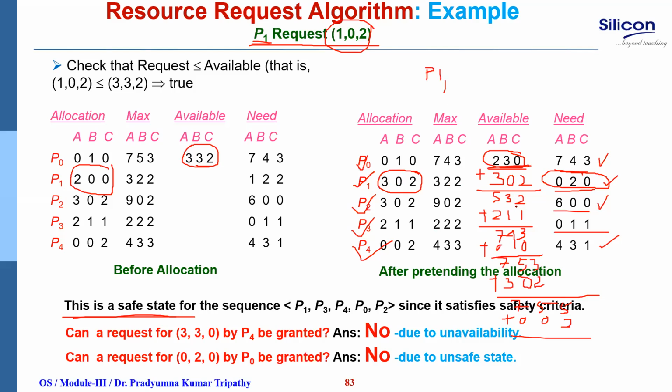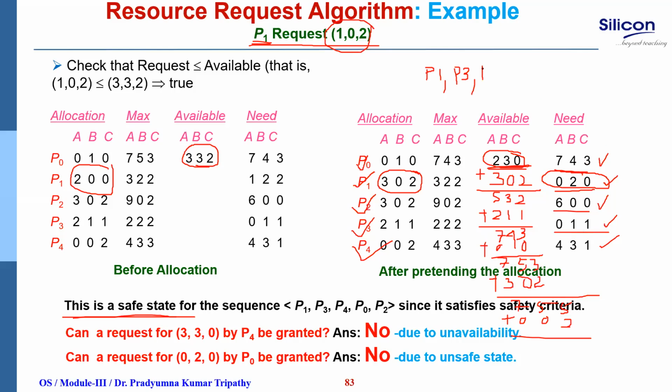So we got the first process as P1. With this 532, whom can I satisfy? I can give it to P3. If P3 is given it, its allocation 211 will be added, so it becomes 743. So we have allocated to P3. With this 743, we can allocate P0.